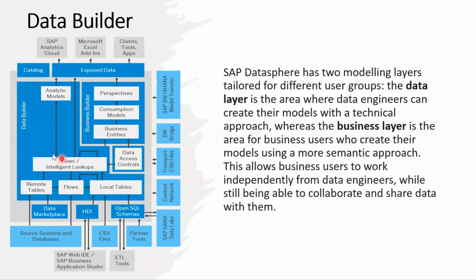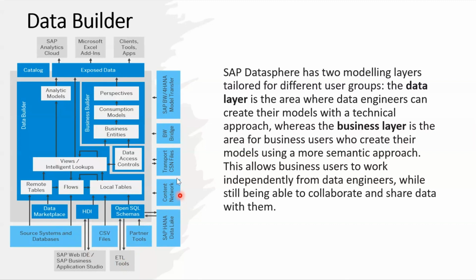So this is a system architecture, and here you can see you have a data builder layer and a business builder layer. These are the list of sources which are connected to your SAP Datasphere. So we have SDI, we have data marketplace, we have OpenSQL schemas, then we have ETL tools and so on.